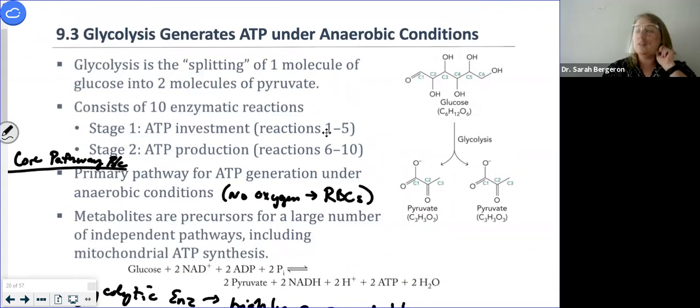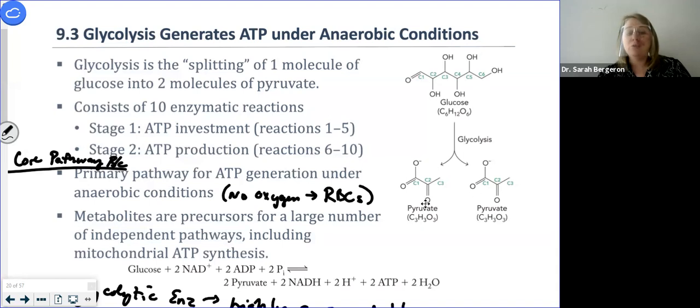So when we talk specifically about glycolysis, we're going to start out with one molecule of glucose, which has 6 carbon atoms inside of it. When we undergo glycolysis, we're going to convert that glucose from a 6 carbon molecule to two 3-carbon molecules.